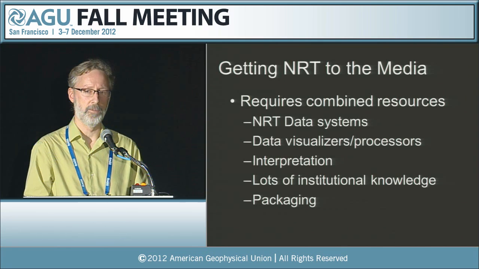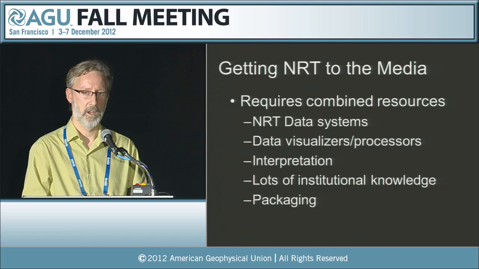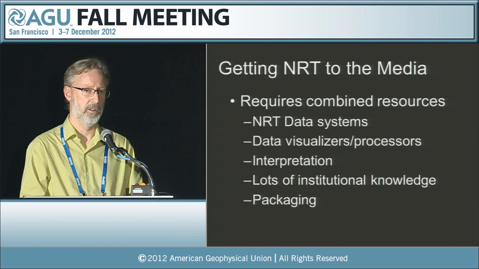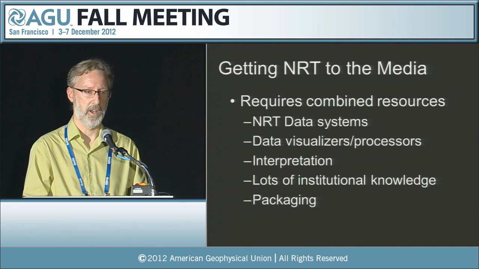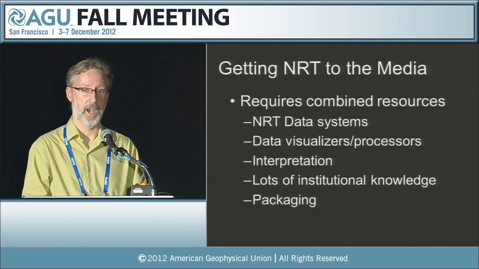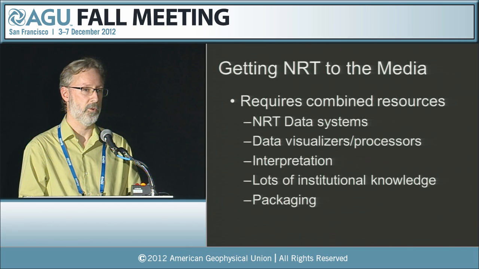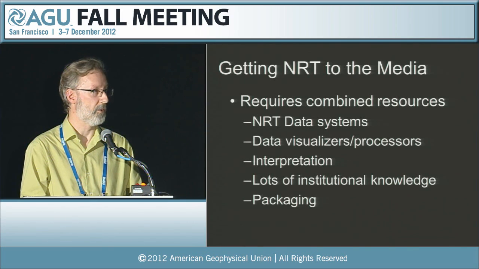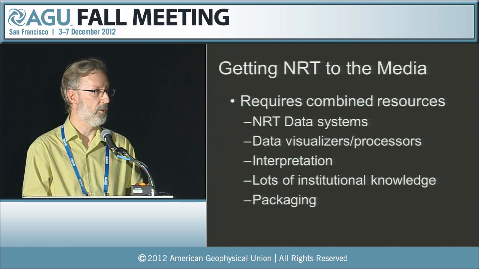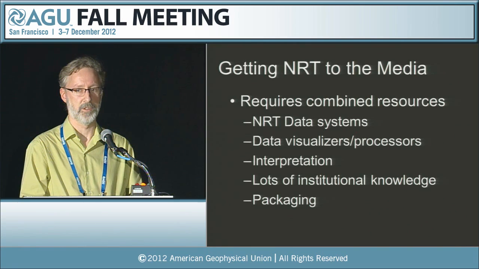It's knowing where to go for interpretation of that data. We've gathered quite a bit of experience over the dozen years, but there's still obviously a lot of scientific experience out there at the NASA centers or the academic centers who know the specifics of what's going on in a particular event, and it's learning to exploit those relationships so that we can tell the story. Lots of institutional knowledge.